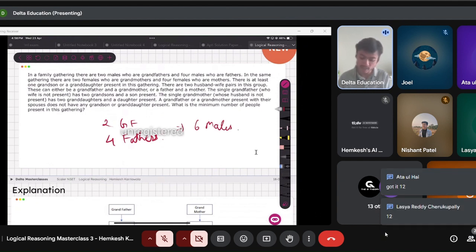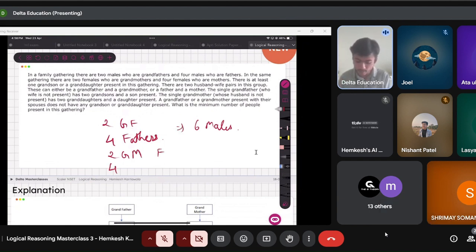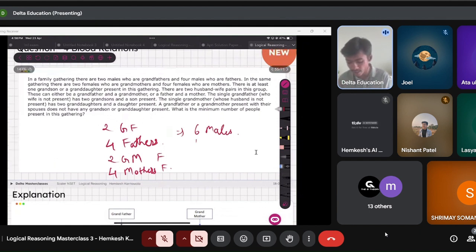In the same gathering, two females are grandmothers, and four females are mothers. There is at least one grandson or one granddaughter present in this gathering.